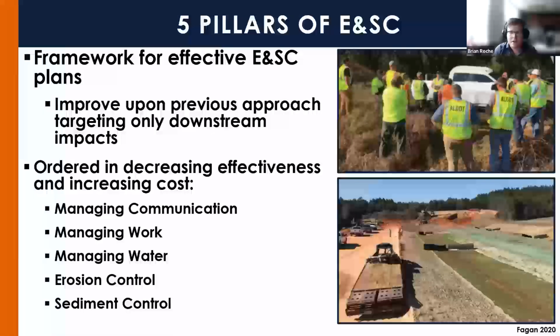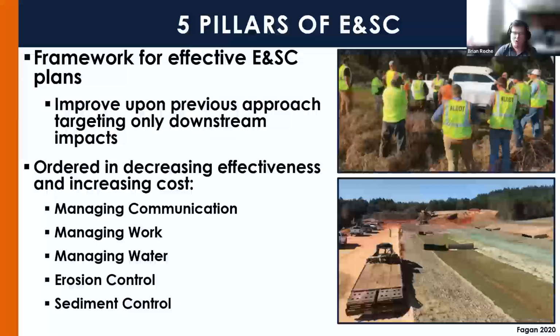So Barry Fagan, while working for the Alabama DOT, developed a framework for effective erosion sediment control, which is the 5 pillars. These improve upon previous approaches that really only targeted downstream impacts. They are ordered into decreasing effectiveness and increasing cost. Management communications is the cheapest and the most effective, and that's just ensuring that all stakeholders are on the same page when it comes to expectations and plans.